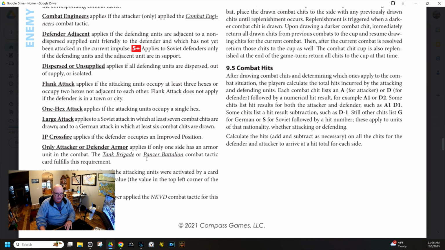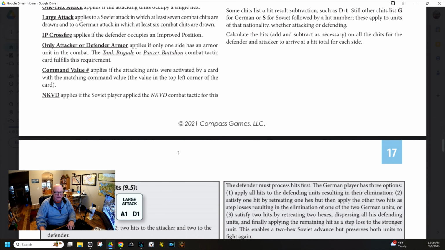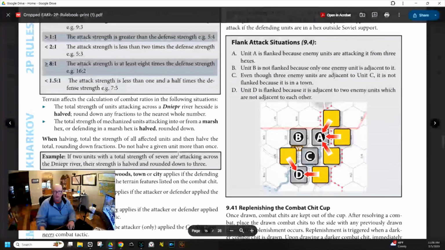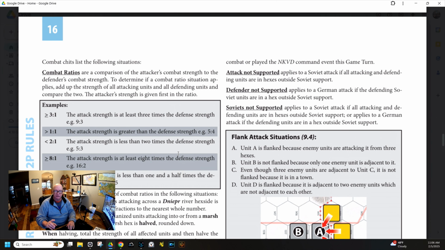Okay. Command value number applies if the attacking units were activated by a card with a matching command value, which is in the top left-hand corner of the card. And then the NKVD applies if the Soviet player applied the NKVD combat card. Attack not supported applies to a Soviet attack if all attacking and defending units are in hexes outside the Soviet support area.